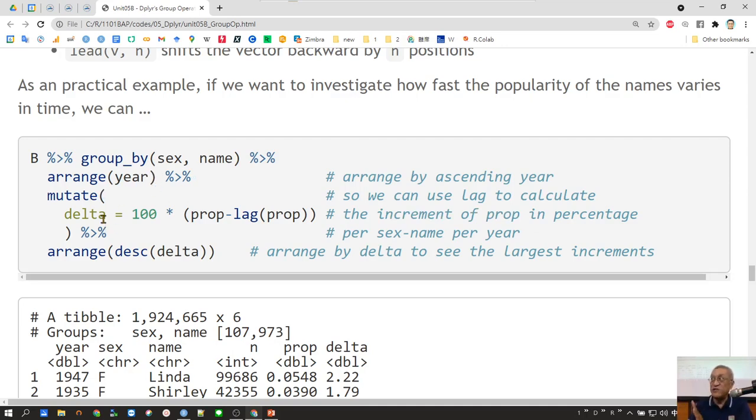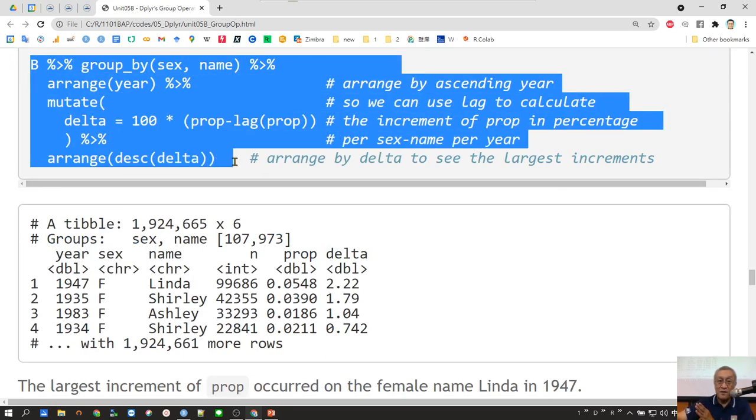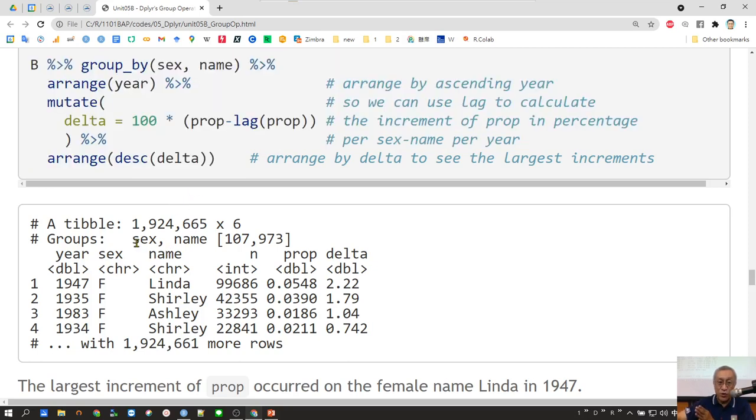Mutate would not change the group structure. So when you go to this point, it still has a group structure. And arrange again would not change the group structure. So after this pipe, the outcome is still grouped by sex and name.